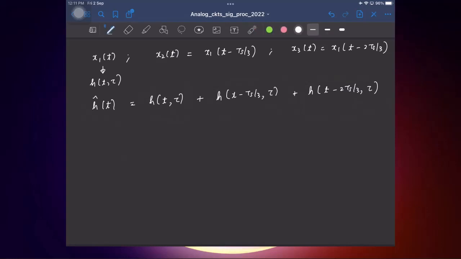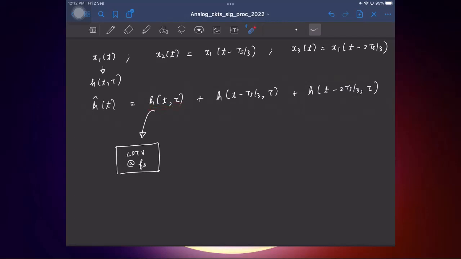And of course we can take an LPTV system that is varying periodically at fs, and I'll say that gives the impulse response h of t comma tau, right? That's our base LPTV system. Okay. Now how do I get these two fellows? So the question is, I have one LPTV system that has an impulse response h of t comma tau.